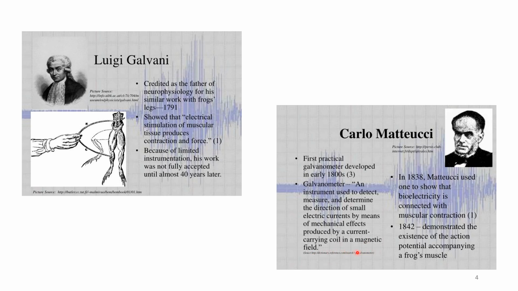So electric current in a coil will produce a magnetic field in a galvanometer. In 1838, Matteucci used one to show that bioelectricity is connected with muscular contraction, and he also demonstrated the existence of an action potential accompanying a frog's muscle contraction.